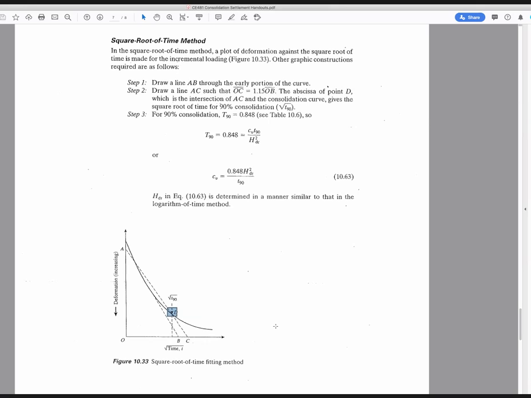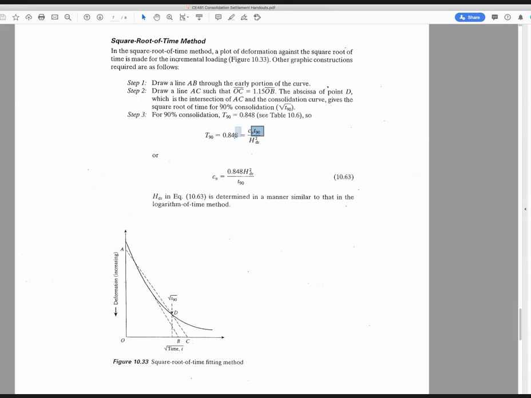And in this case, you will identify T90. You'll actually identify square root of T90, since this is a square root of time axis. And you take that number, you square it, and that gives you T90. With that little T90 known, this time you know that one.